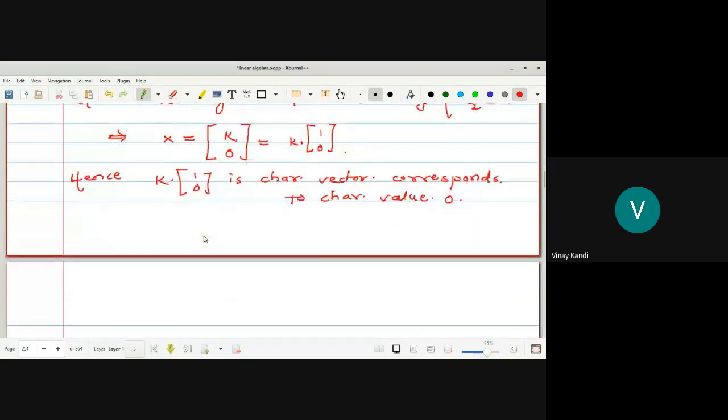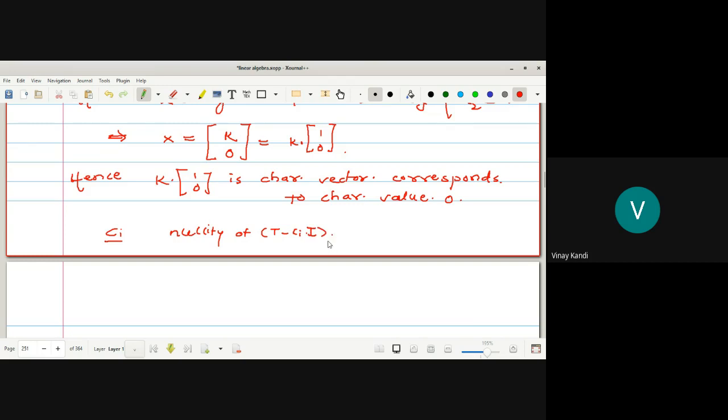Here the algebraic multiplicity of 0 is 2. And what is the geometric multiplicity? Geometric multiplicity is nothing but the nullity. If c is the characteristic value, then the geometric multiplicity for this c is nothing but the nullity of A minus cI. Is it correct?